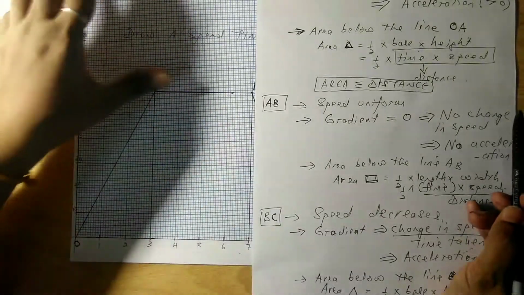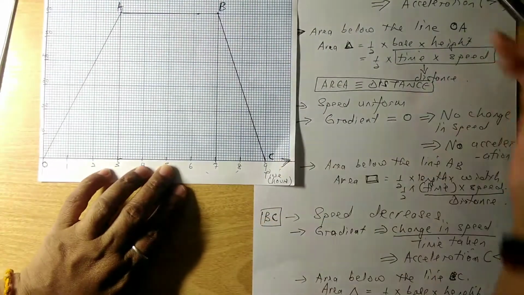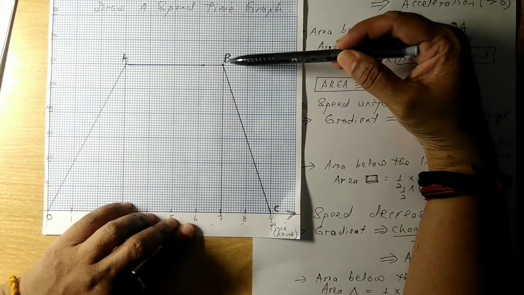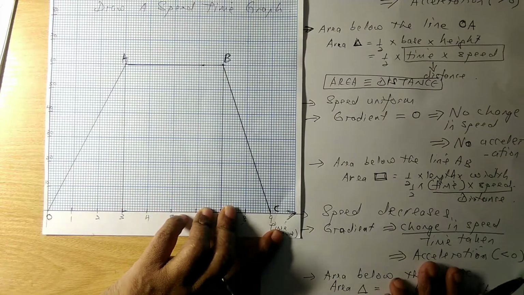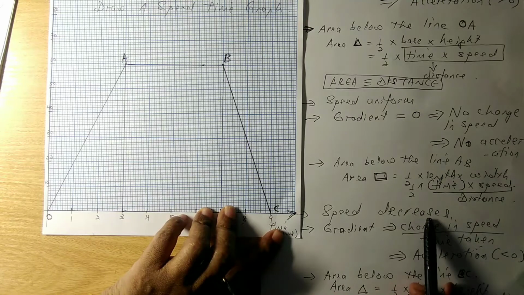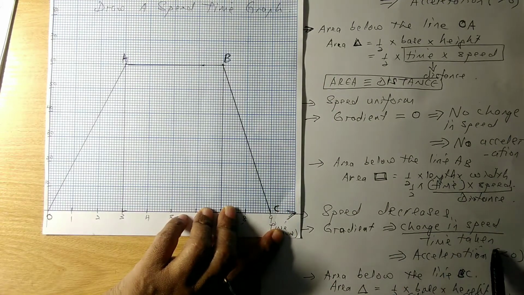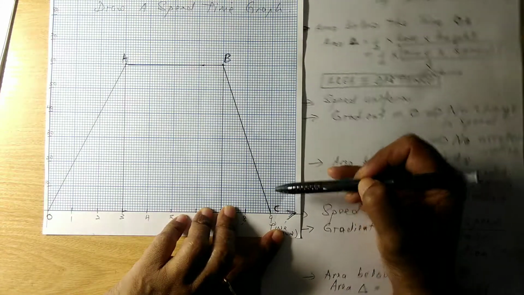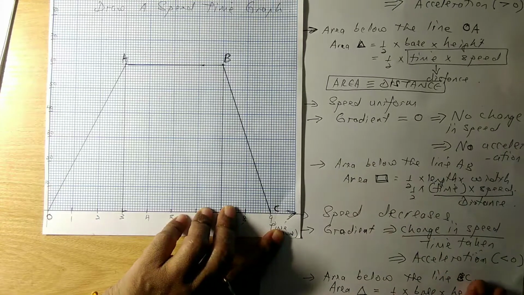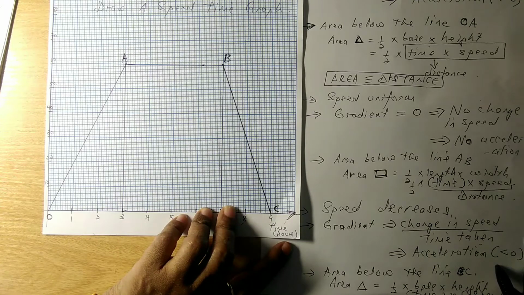And then from B to C, the speed is decreasing. The gradient is change in speed over time taken, so the gradient for this line is going to be negative. Therefore my acceleration is also negative, meaning the speed is decreasing little by little.